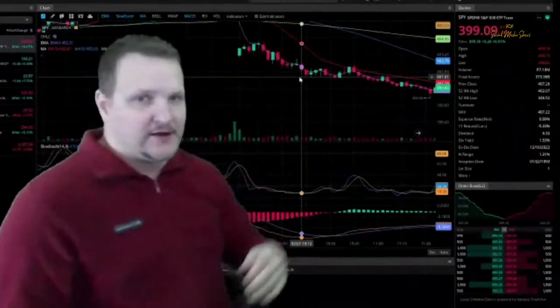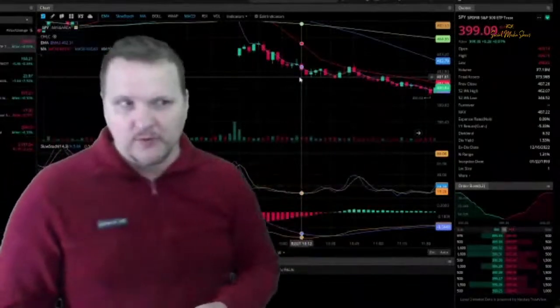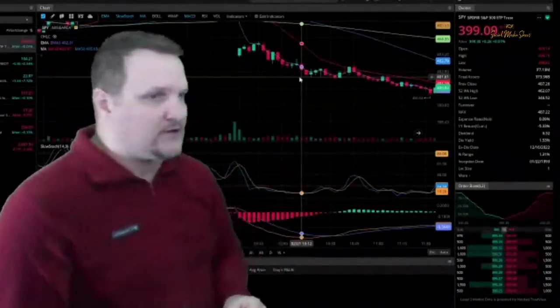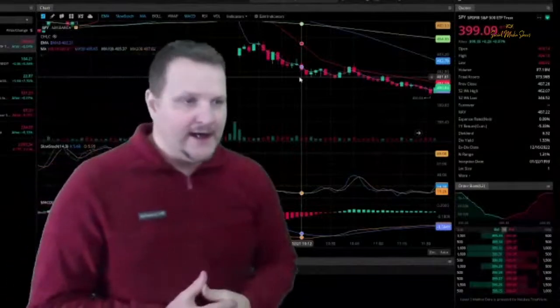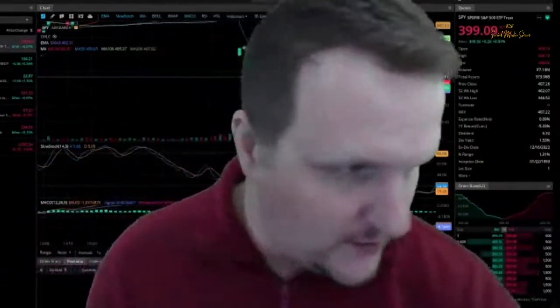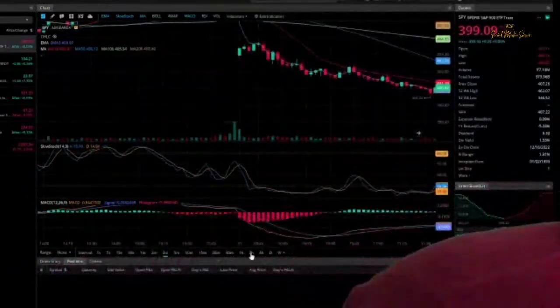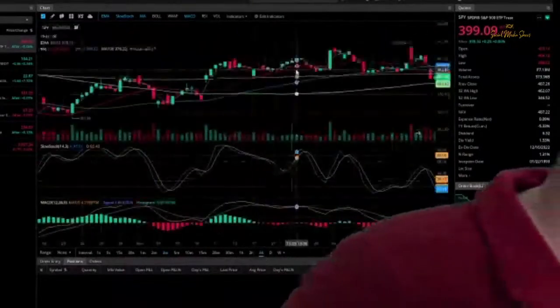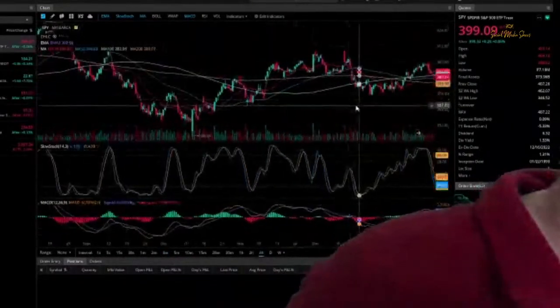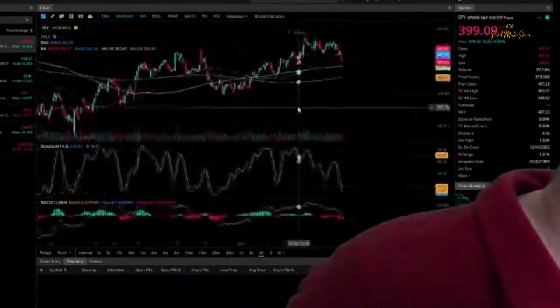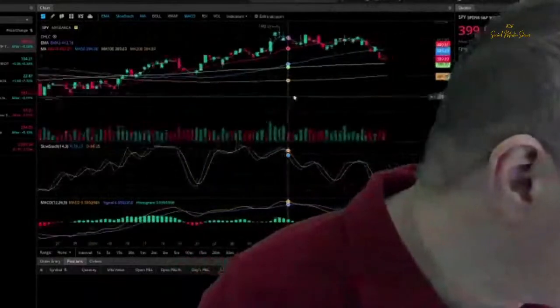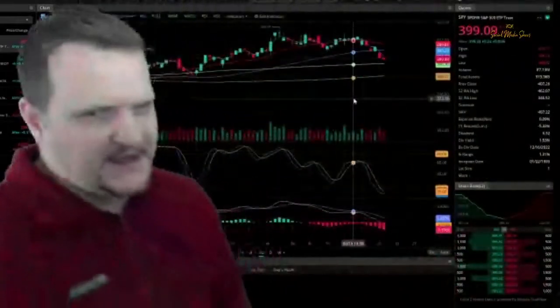As far as I was concerned, we had reclaimed what would have been resistance at that point, or what should have been resistance. As a matter of fact, we can go to a larger time frame and look. You can see the rally up.